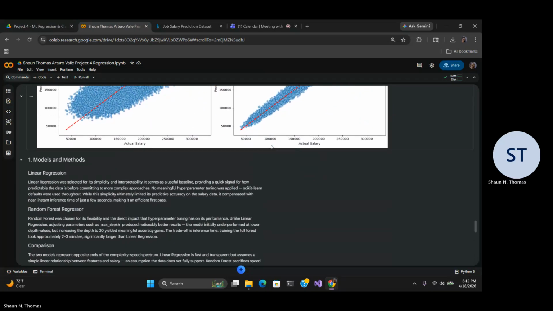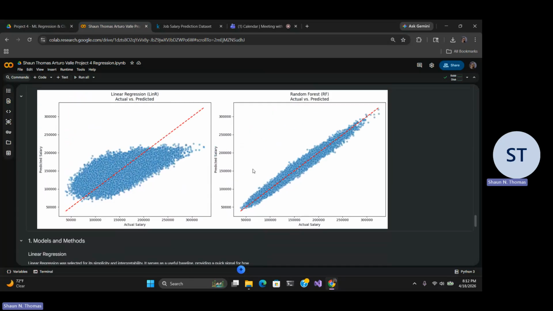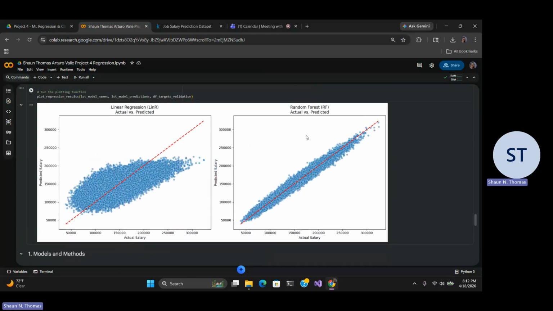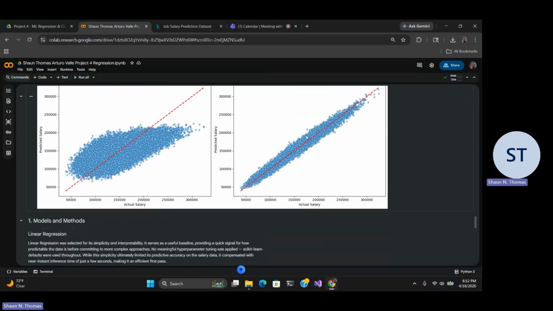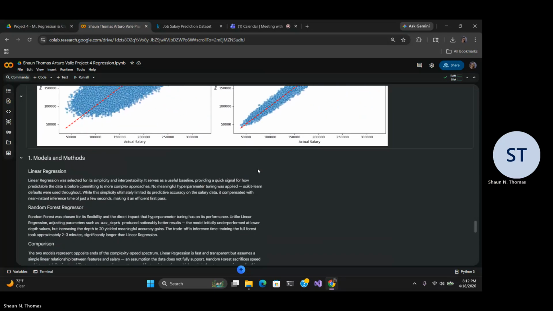But it was almost a near instant inference, whereas the random forest took about 3 minutes compared to a few seconds for linear regression. There weren't many parameters that could be messed with. There wasn't hyperparameter tuning or anything going on here, just the default scikit-learn parameters were used.